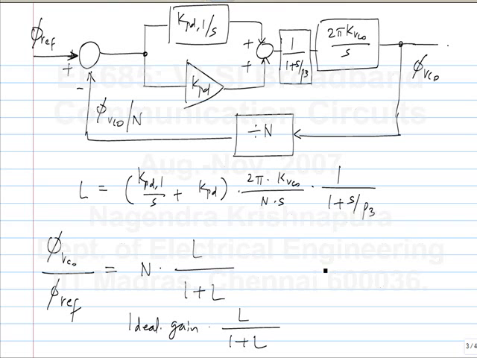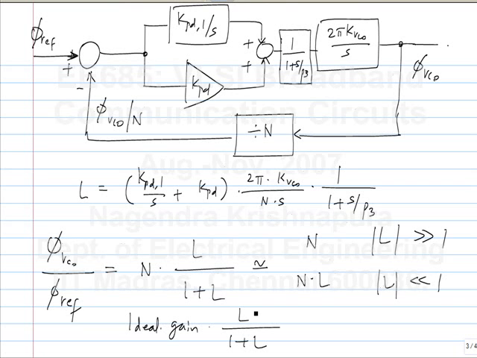Now just to graphically evaluate the gain, we can make some approximations. Now this is approximately n in the range where the magnitude of loop gain is much more than 1, and it's approximately equal to n times L when the magnitude is much less than 1. In the first case, I neglect 1 compared to L. In the second case, I neglect L compared to 1.